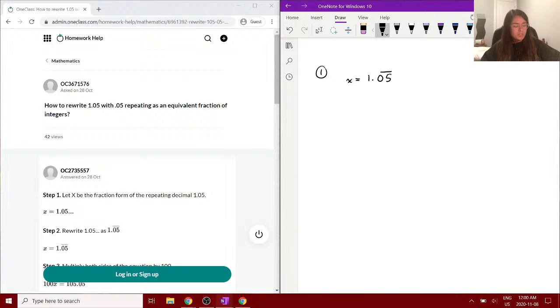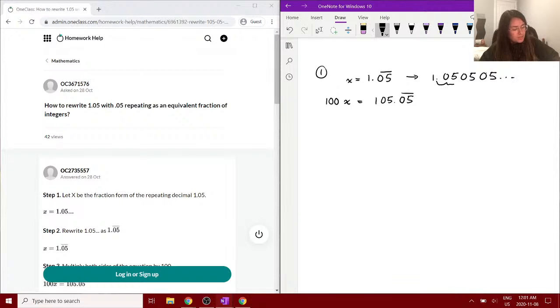So the first thing that we can do is multiply this by 100. So multiplying both sides by 100, we have 100x is equal to 105.05 repeating, since 1.05 with the 0.05 repeating is kind of like this, in the long form.